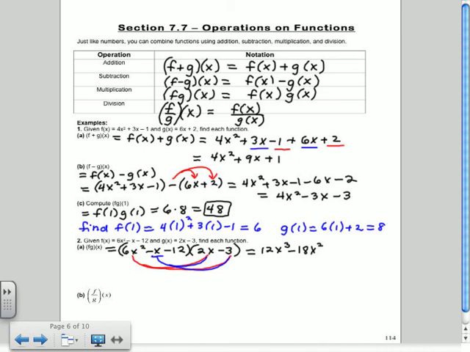So I have negative x times 2x is negative 2x squared. Negative x times negative 3 is plus 3x. Okay, then I take my last number and I multiply it by everything in the second polynomial. So I have negative 12 times 2x is negative 24x. And negative 12 times negative 3 is plus 36.